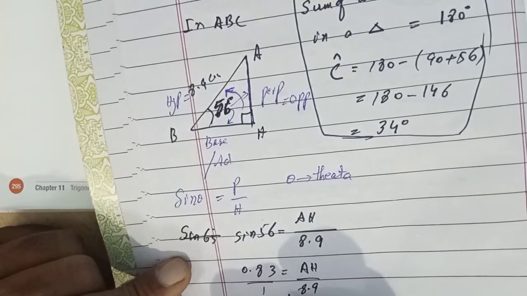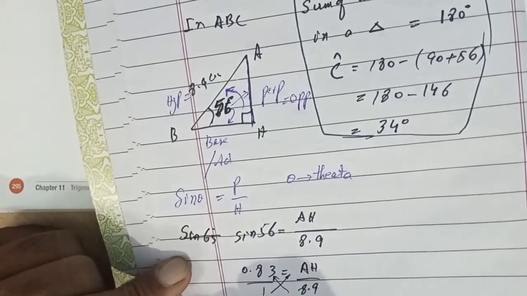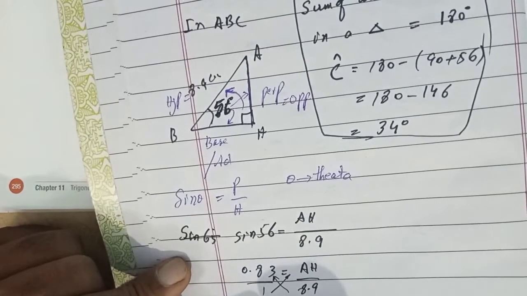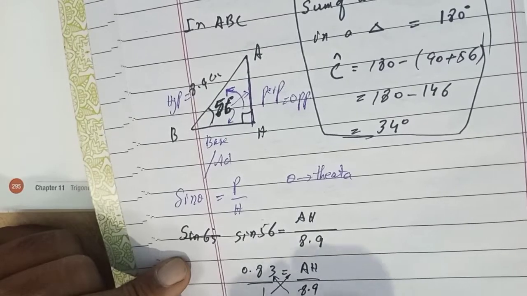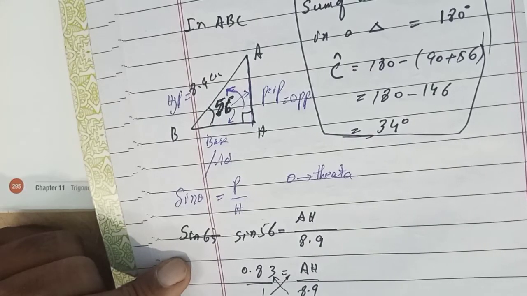I put 1 over here so that I can do cross multiplication. 0.83 is multiplied by 8.9.